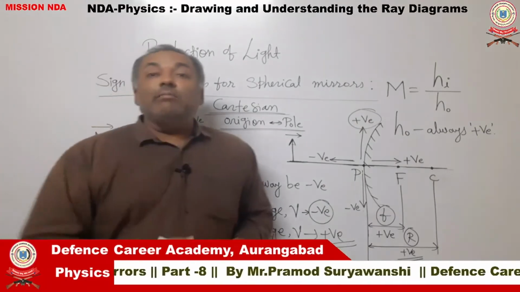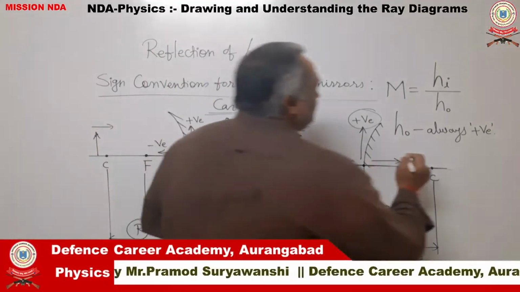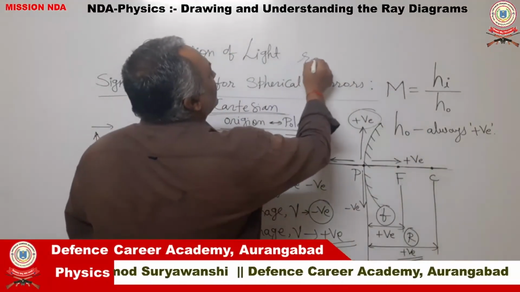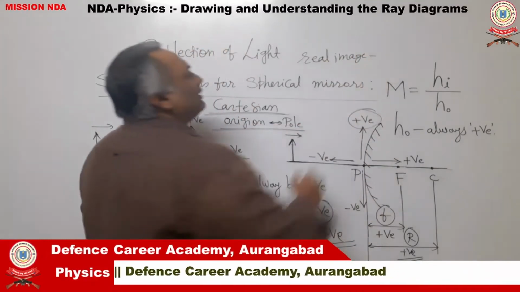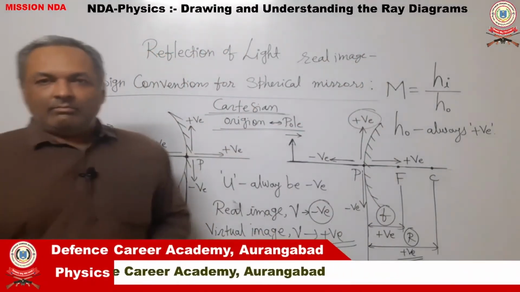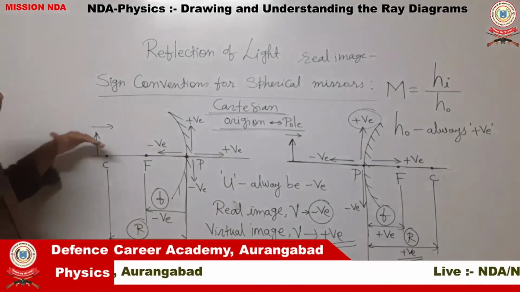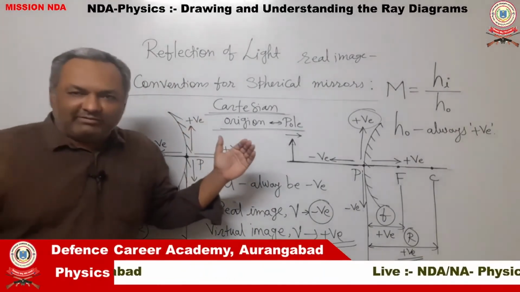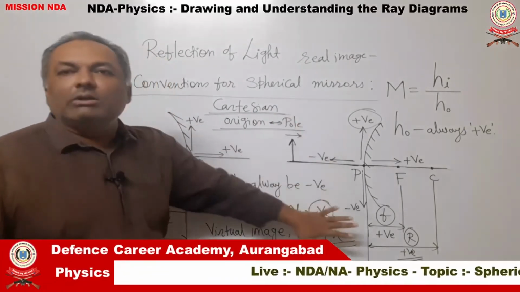Now, regarding the image. If the image is real, we know that it is always inverted. That is, now see, the object is above the principal axis. The image is real and inverted, so it will be below the principal axis.